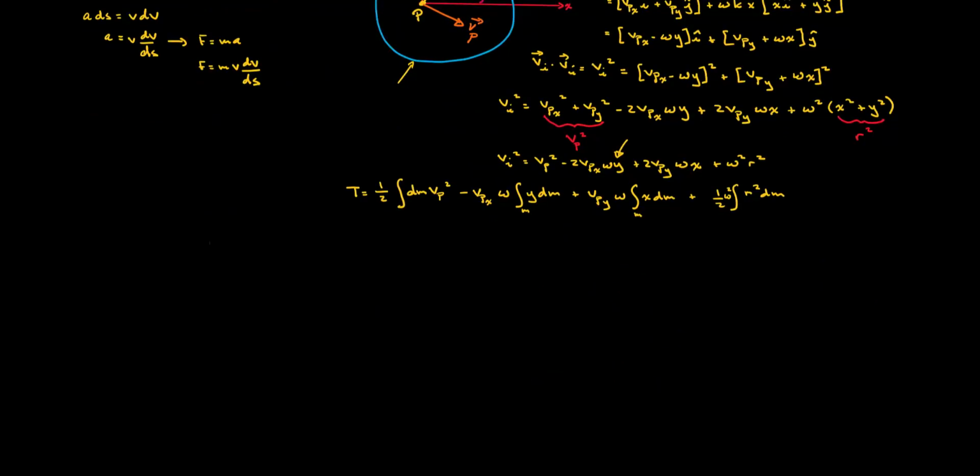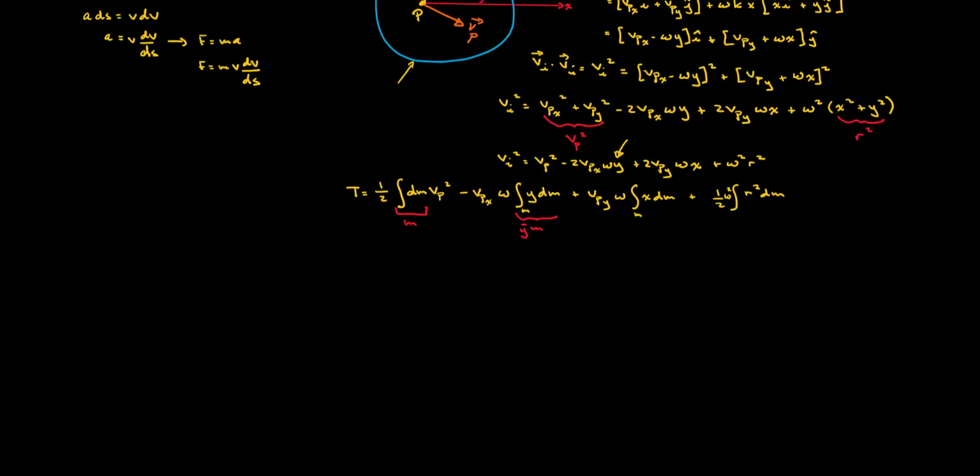So let's look at the individual terms. This integral of dm is just the total mass. This over here, we've seen it before. The integral of y dm has to do with the location of the center of mass, and we've seen that this is equal to y bar multiplied by the entire mass m.